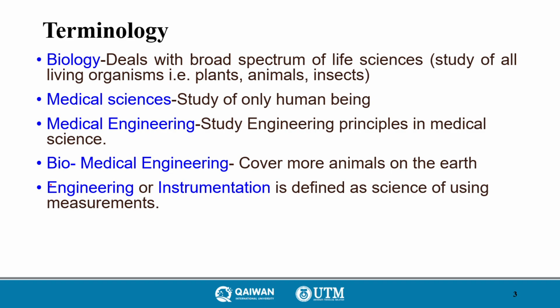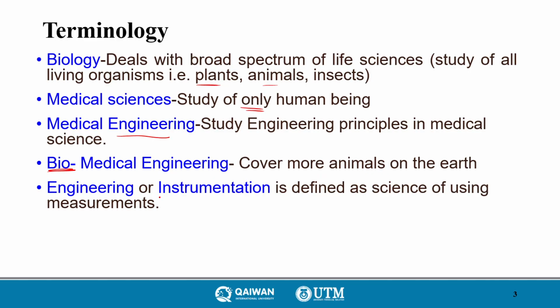In terminology, biology deals with the broad spectrum of life sciences, the study of all living organisms like plants, animals, insects. Medical science studies only human beings. Medical engineering studies the engineering principles in medical science. And biological engineering covers more animals on the earth.